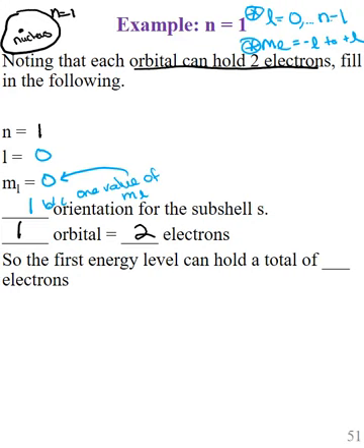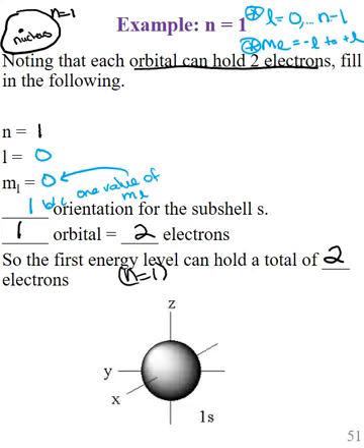So the first energy level, meaning n equals 1, can hold a total of 2 electrons. If you go back in the previous notes, you'll see when we were talking about shells that the first shell can only have 2 electrons, and it's because of this. It's due to these quantum numbers.